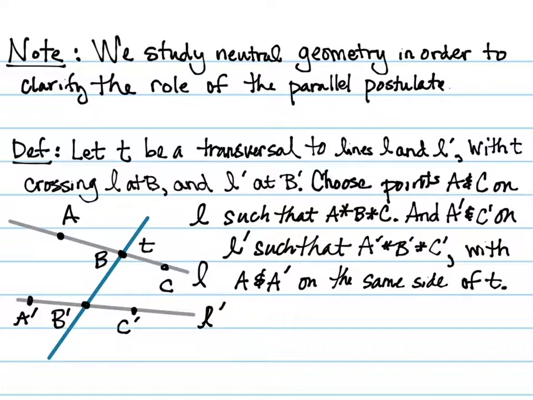All right. It's a lot of setup because I still haven't defined anything you didn't already know. All right, so there's our setup. Then the following four angles are called interior.